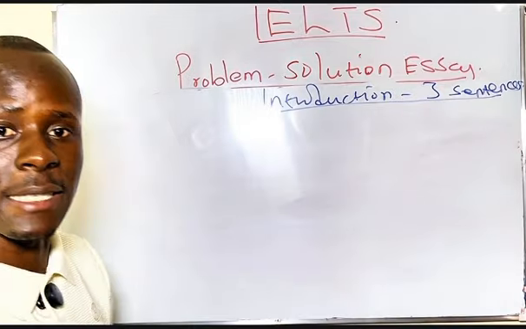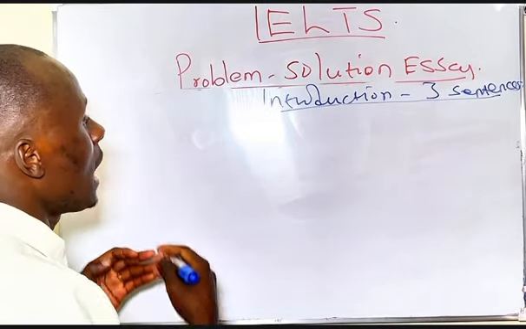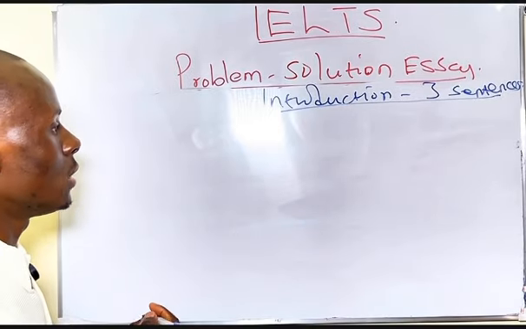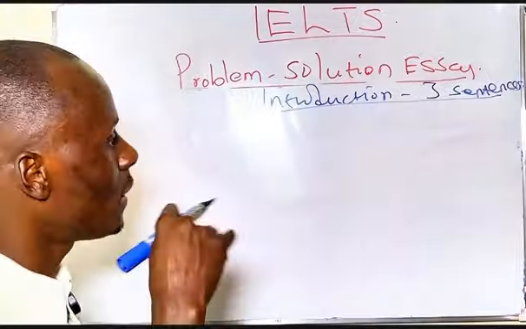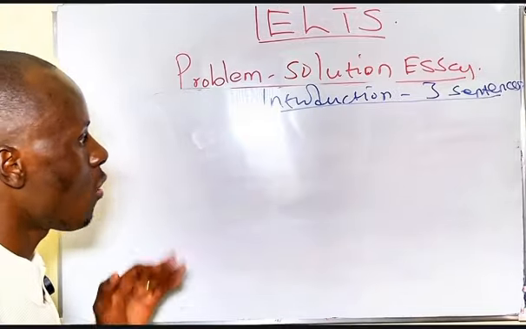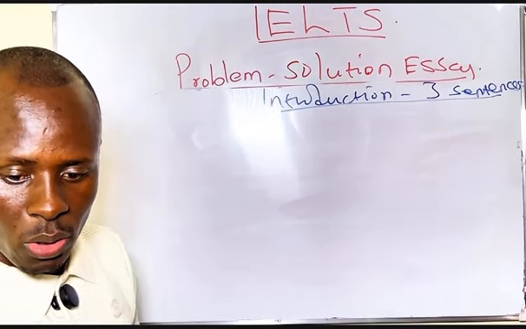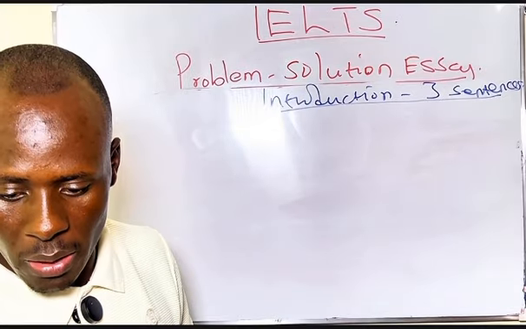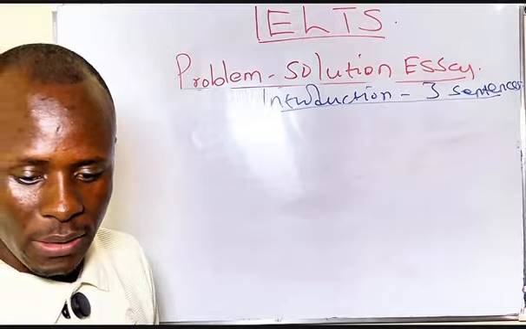The first sentence is a paraphrase. The second sentence will give the reasons, and the third sentence will give the solutions. Very good. Let's now write the paraphrase of that topic statement. Now we have the question. Now let's paraphrase.